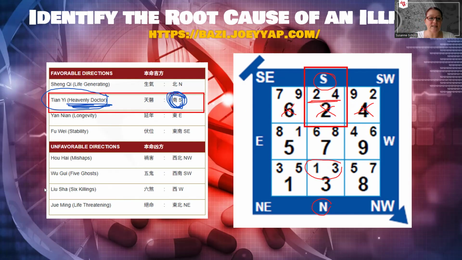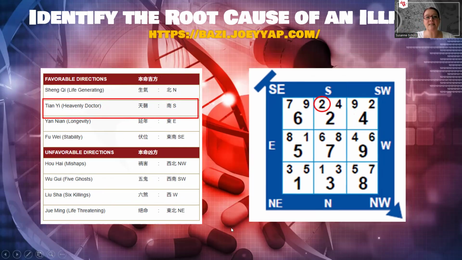Then the third step: because this has to do with health, we are focusing specifically on the sitting star. The facing star has to do with career and wealth and finances, so we're focusing on the sitting star. The sitting star is the star on the upper left, right?